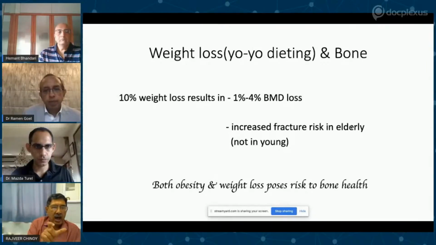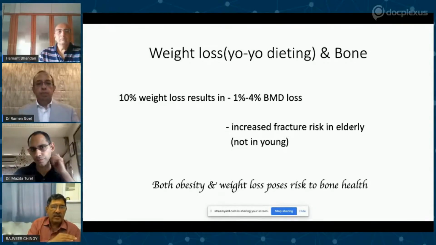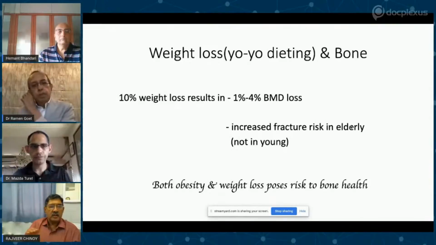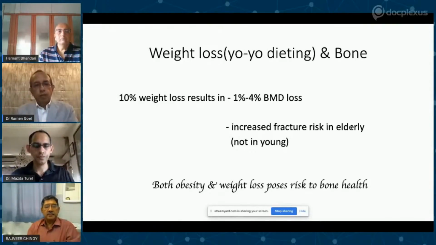See, all these are without guidance, something developed at home and they're trying for weight loss, but their weight doesn't get lost. What they're losing is proper nutrition, and with it, it compounds with bone weakening.